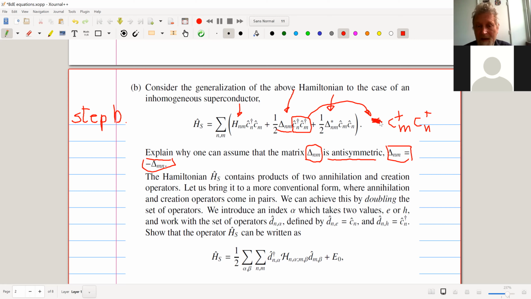Good. We got that delta is anti-symmetric, and we bring this Hamiltonian to what they call the conventional form, where operators come in pairs.